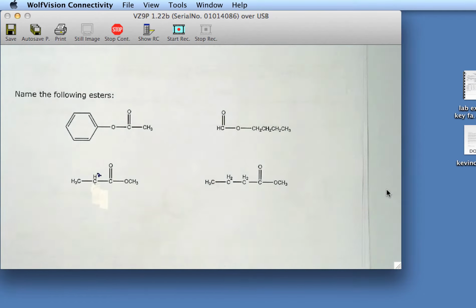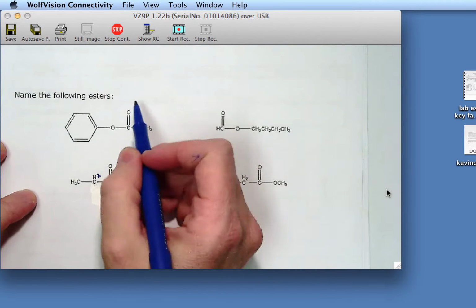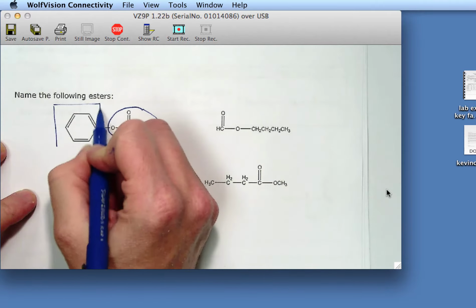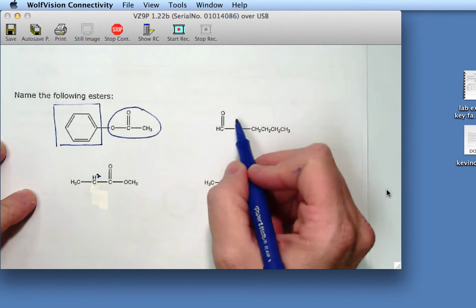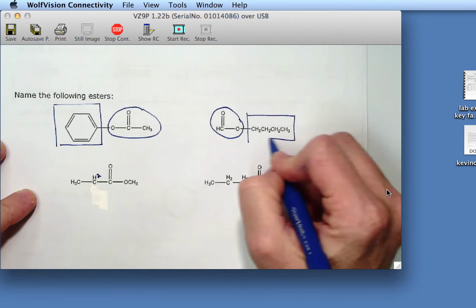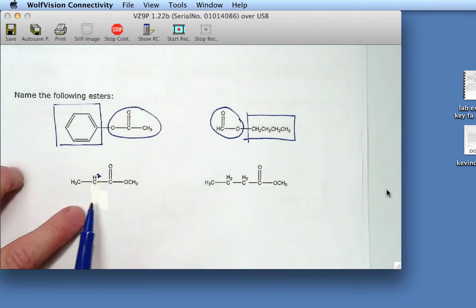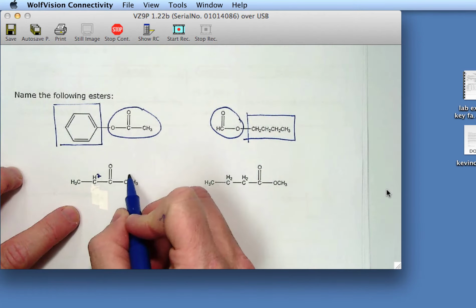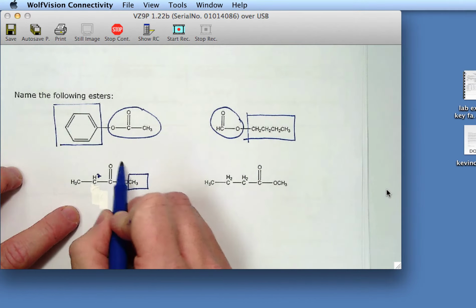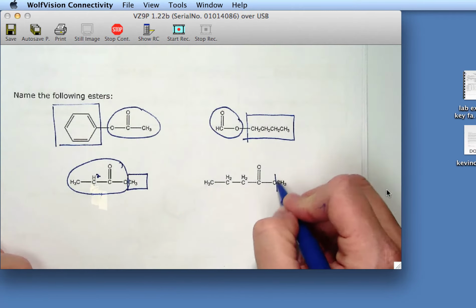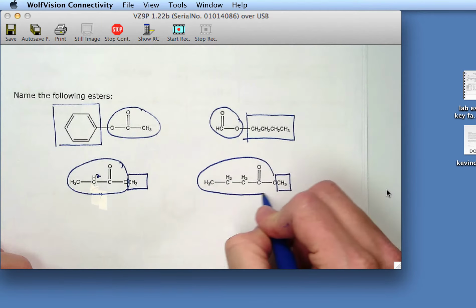So remember that the parent has the two oxygens. I did it backwards. Now this methyl group here, I took off. It gets very confusing, so there's no methyl group right there. This gets squared. This gets circled. This one gets squared. This one gets squared.